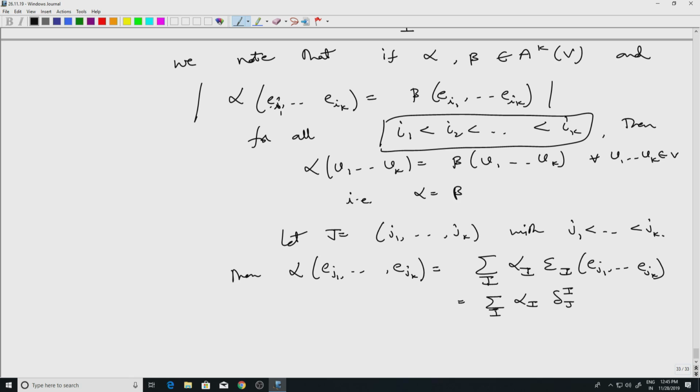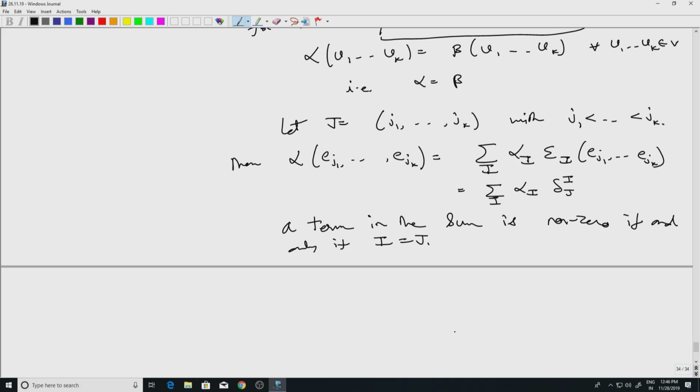So a term in the sum is non-zero if and only if I equals J. So the permutation involved will have to be just the identity permutation.